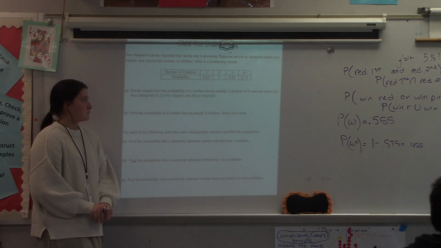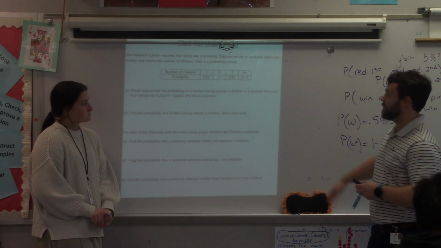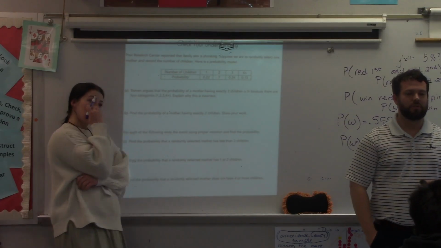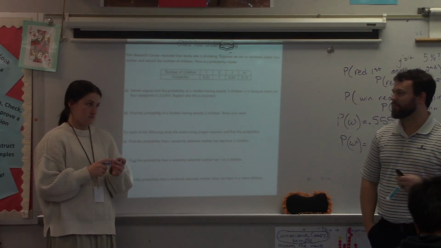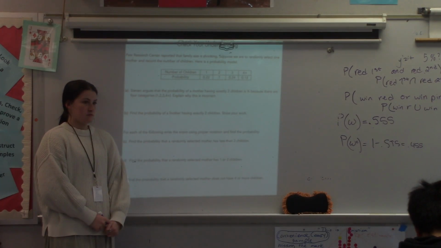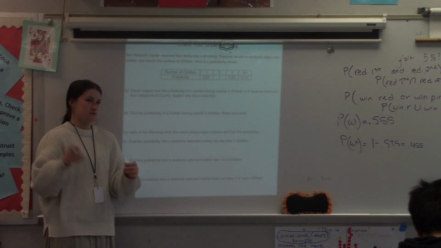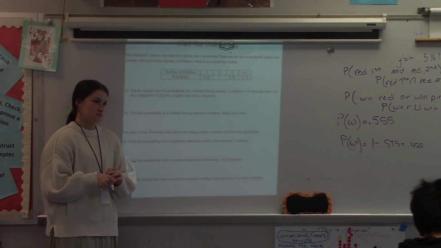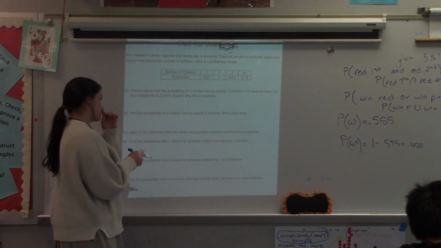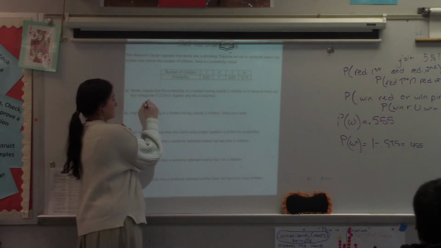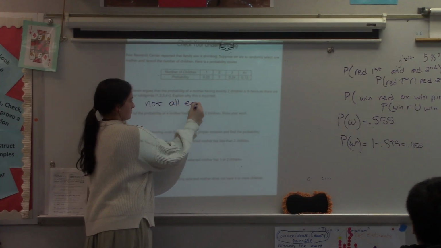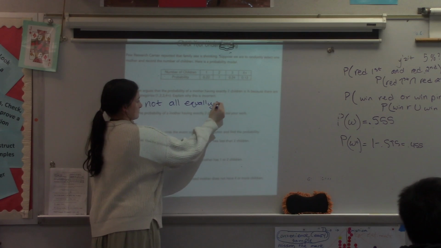Because they're not all equally likely. That was not equal. There are 2 major reasons you could say here. They don't all equal 0.25.